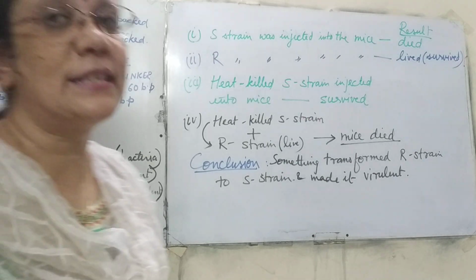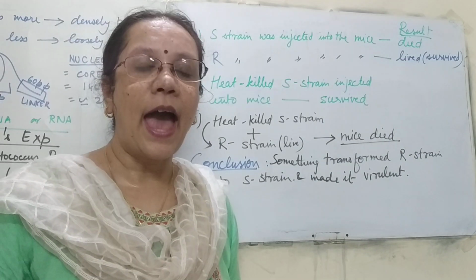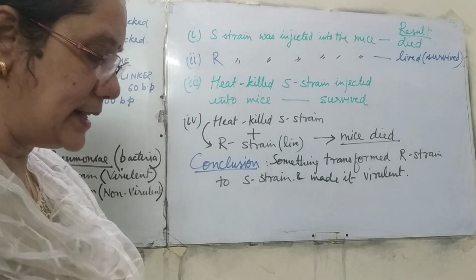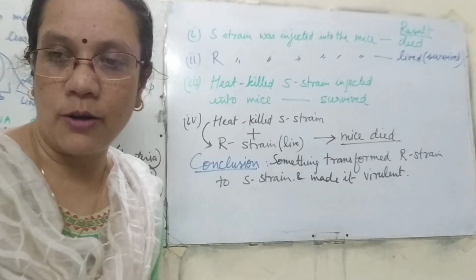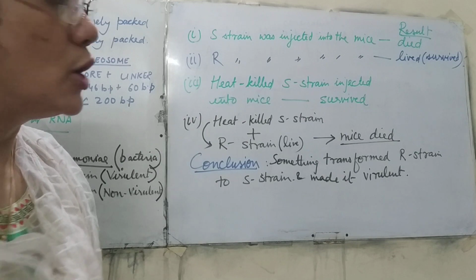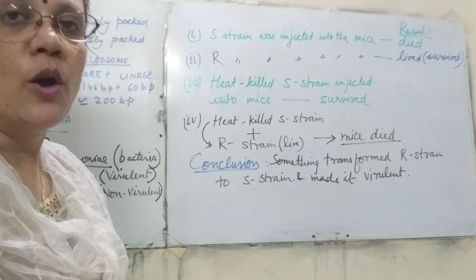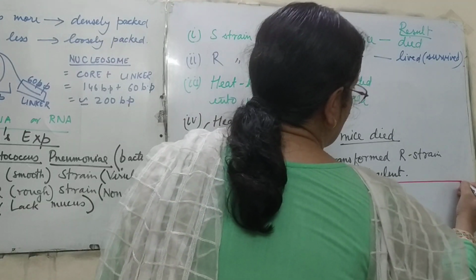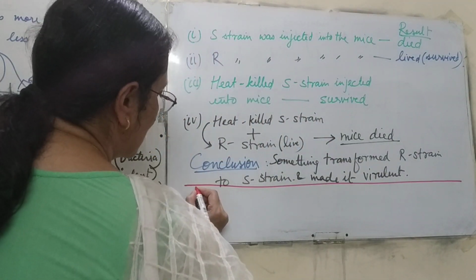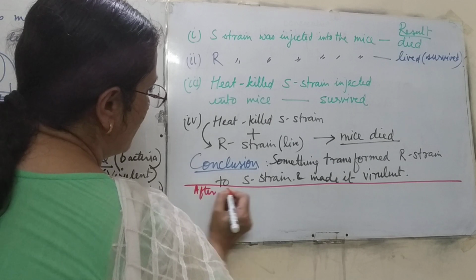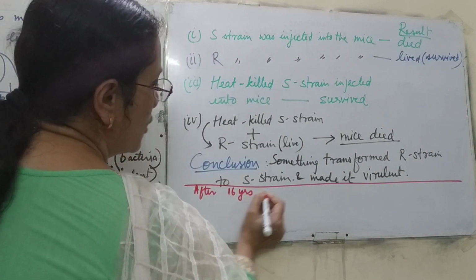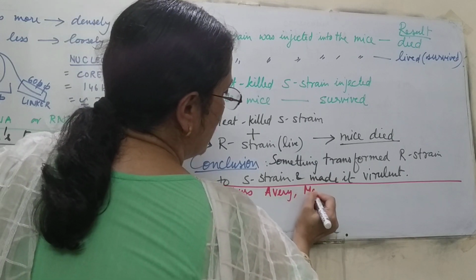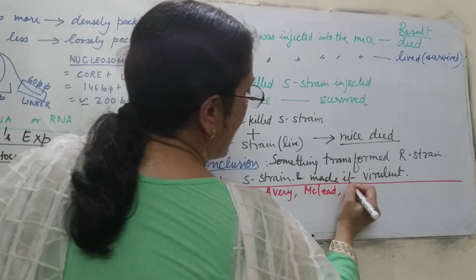After this, after 16 years, Avery, MacLeod and McCarthy, three scientists, together performed an experiment which proved that DNA is the genetic material. I am writing it here.